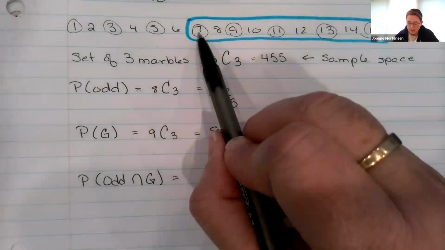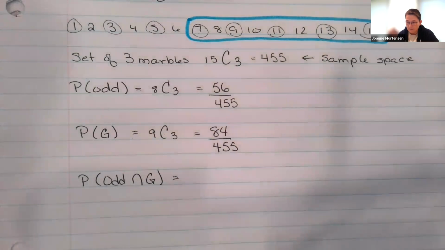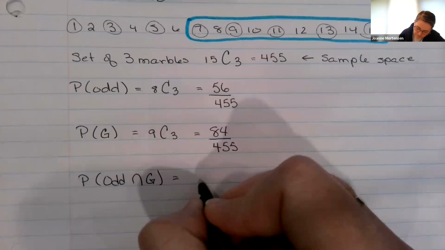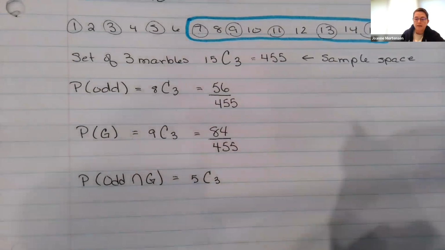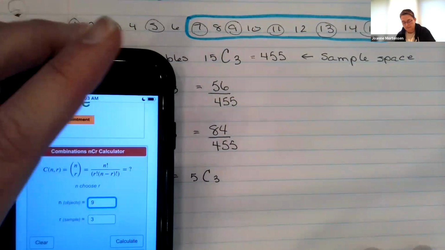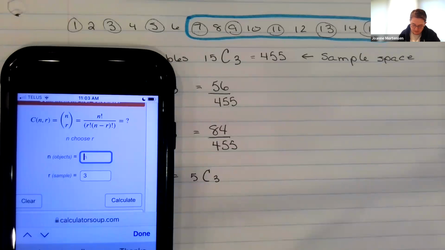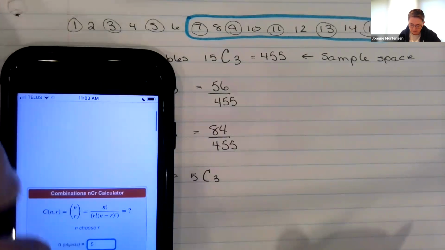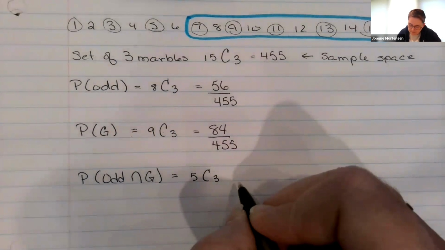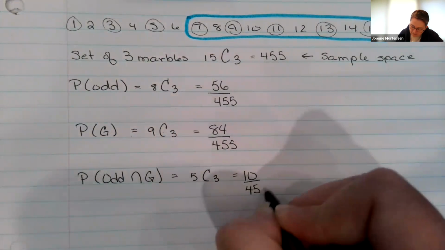So it's just going to be 1, 2, 3, 4, 5. It's both. So I've got 5, and I'm still picking 3 at a time. This is a tougher question than I thought it was. But that's okay. It should be a smaller number. All right. And that's going to be 10 out of 455.